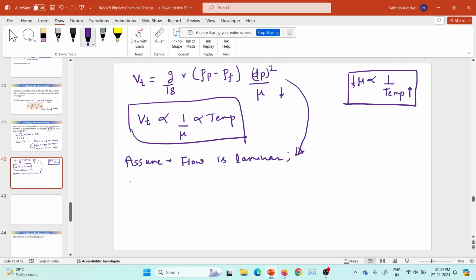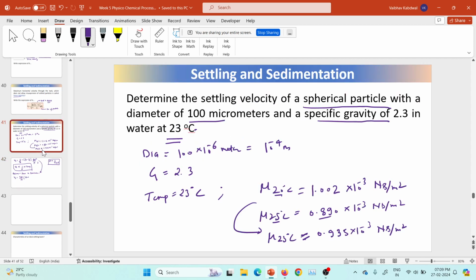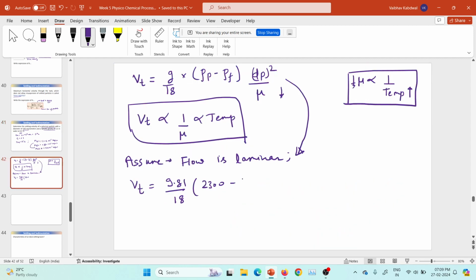Okay, so I'm writing this. Vt will be 9.81 divided by 18, into 2300, G was 2.3, so 2300 minus 998.2, into 10 to the power minus 4, that is the diameter of the particle, whole square, divided by 0.935 into 10 to the power minus 3.